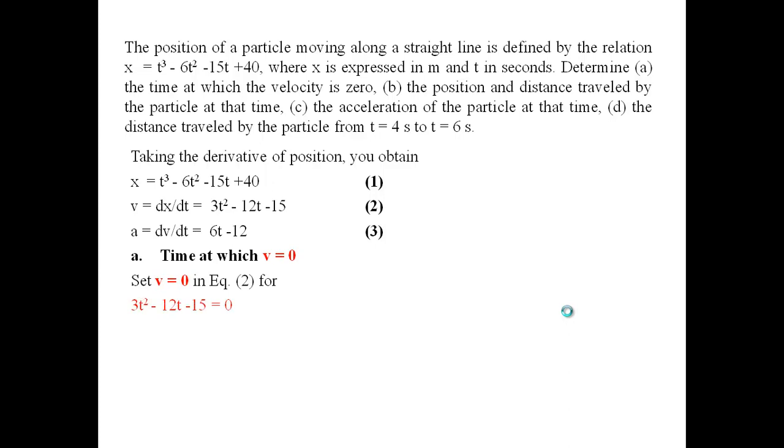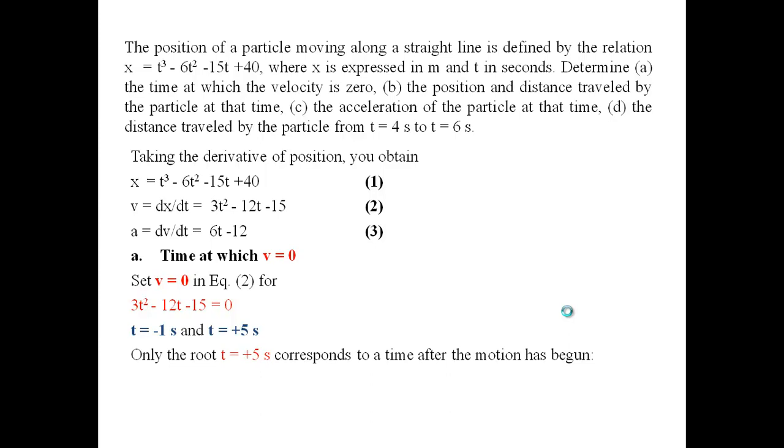Substituting, 3t square minus 12t minus 15 is equal to 0, and when you solve this equation you get two roots: t is equal to minus 1 second and t is equal to plus 5 seconds. Only the root t is equal to plus 5 seconds corresponds to a time after the motion has begun.